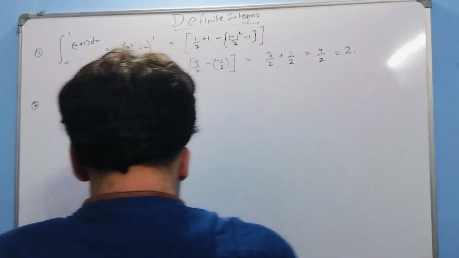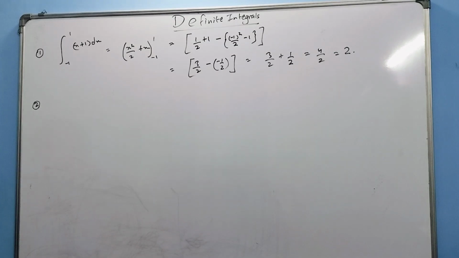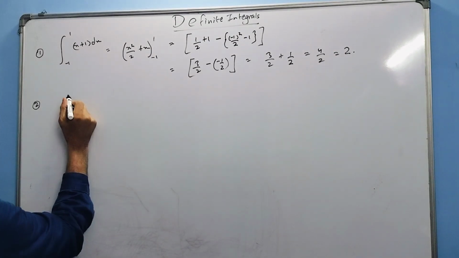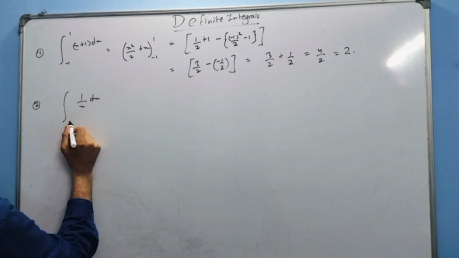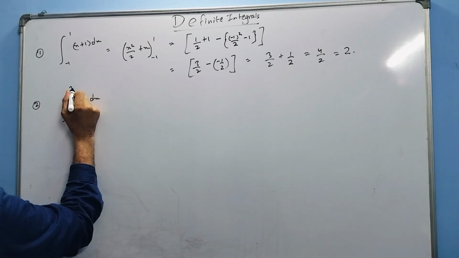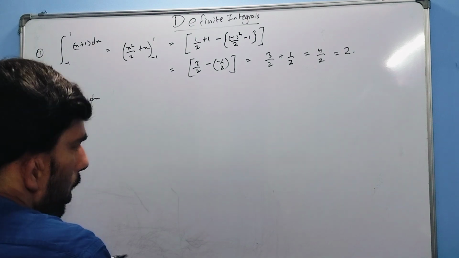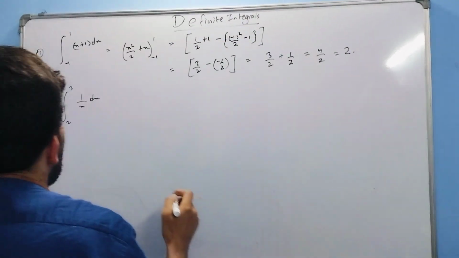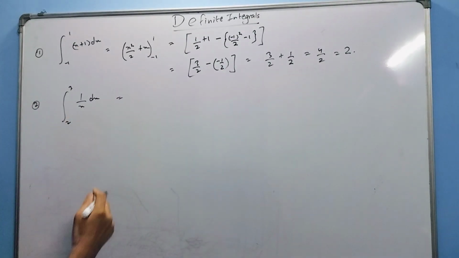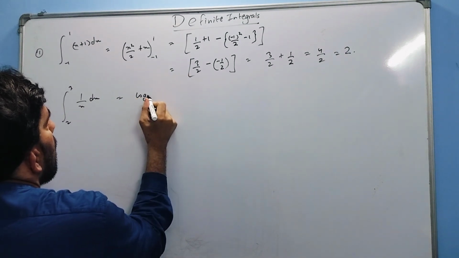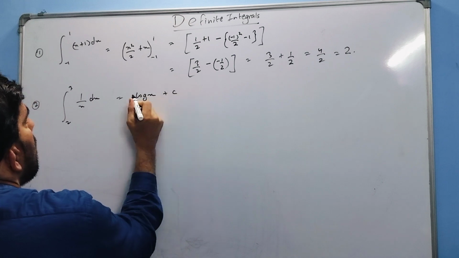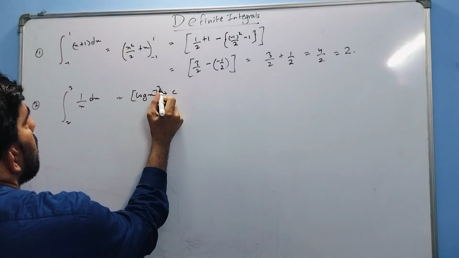Now the next numerical given here is the integral of 1 upon x dx with limits 2 to 3. Next let us see how we can solve this in a very easy way. First we'll integrate it. The integral of 1 by x is equal to log x plus c. I will put the values here, 3 and 2.